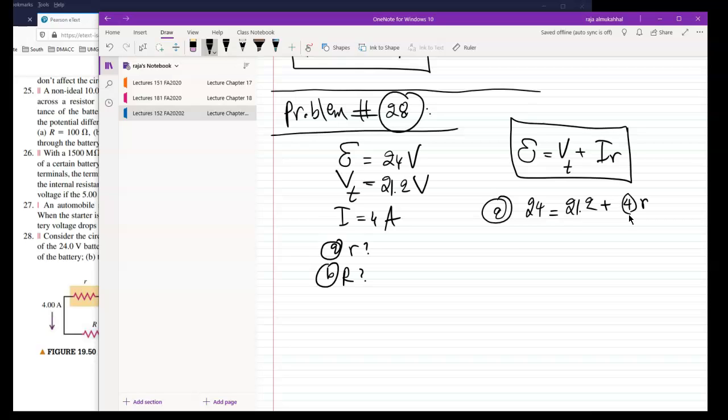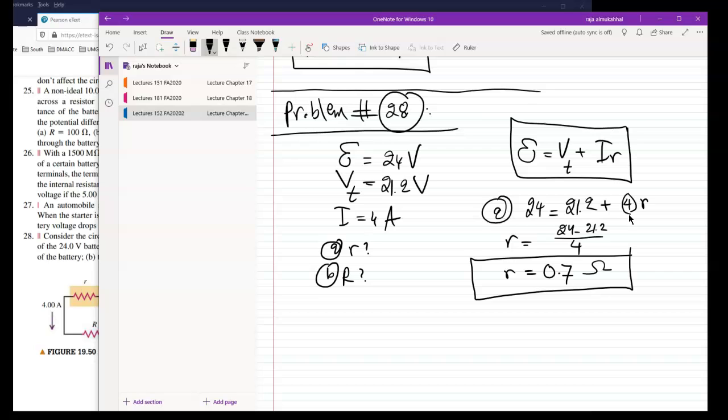Very trivial. Then you just solve for r. So r is equal to 24 minus 21.2 over 4. I hope you are calculating things with me. Answer 0.7. So the internal resistance is 0.7 ohm.